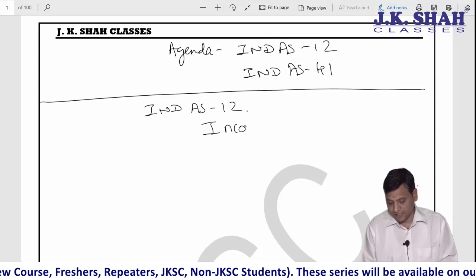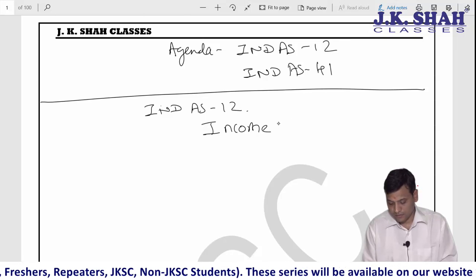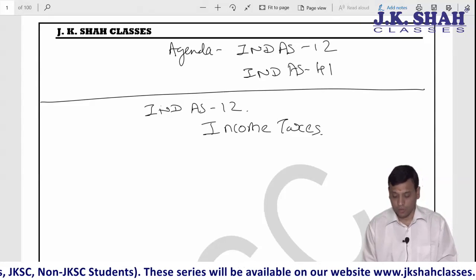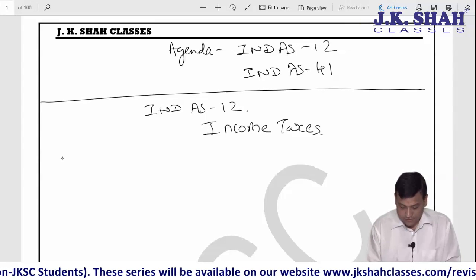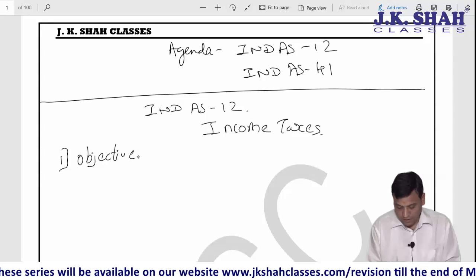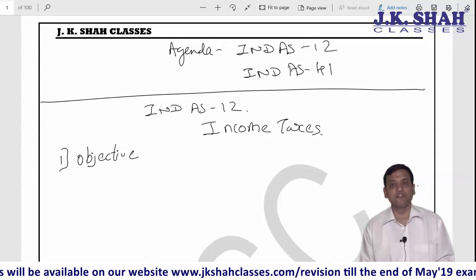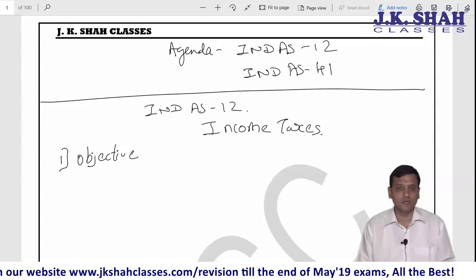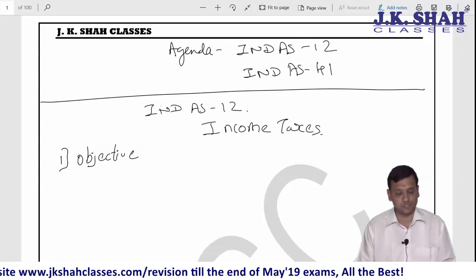The name of this standard is income taxes. Now, what are we going to deal with in this standard? Why this standard? Basically, there is a paradigm shift with respect to Accounting Standard 22. Earlier we had AS 22, now under Ind AS it is Ind AS 12.